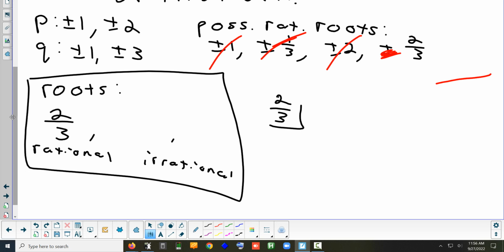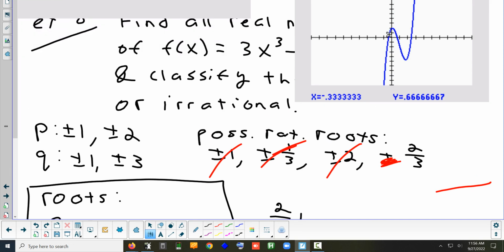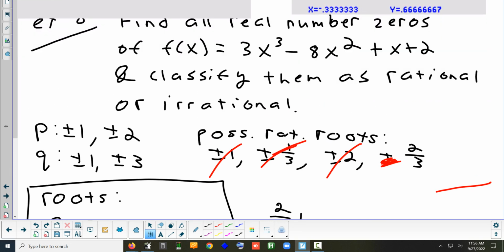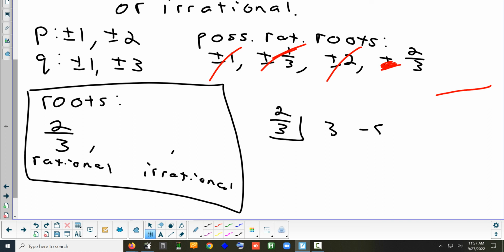Divide through by your root. What are my coefficients? 3, -8, 1, 2. A little annoying with fractions, but we can work with it. What's 2/3 times 3? 2. -8 plus 2? -6. Now here's how we can do this one quick.